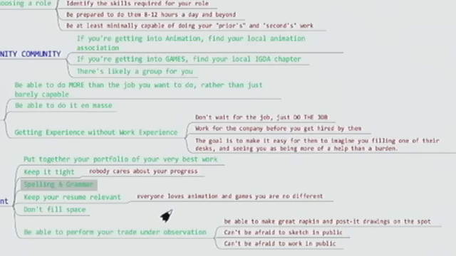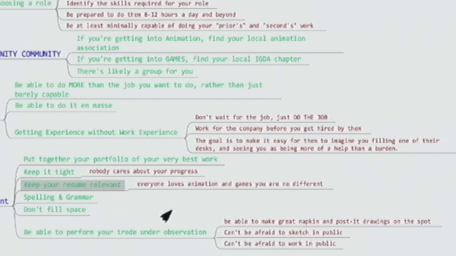Yes, when you do your resume, also keep your resume tight, keep it relevant. Keep your cover letter tight and relevant. Everybody loves animation and games. Everybody loves these things. You're no different. These are not reasons that they should hire you. When you write in reasons that they should hire you, don't just write that stuff in.